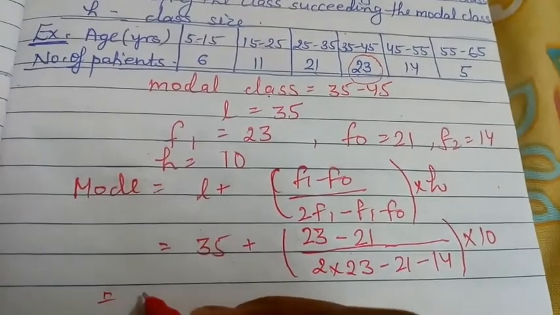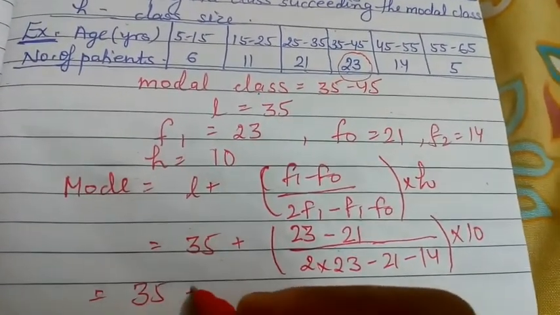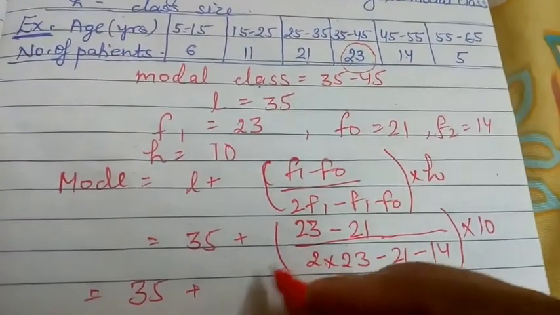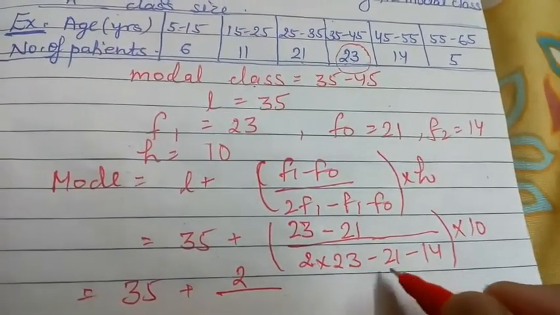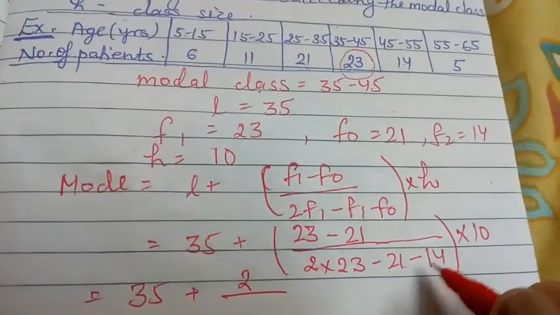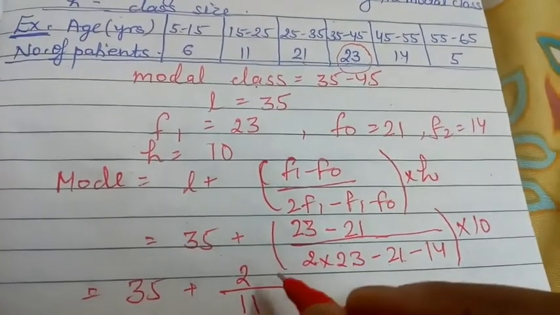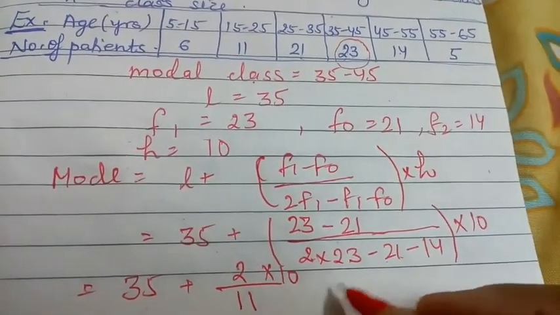Just solve. First you have to solve the brackets. 23 minus 21 is 2, by 46 minus 21 minus 14, which is 11, into 10.